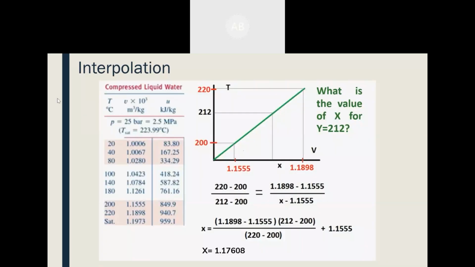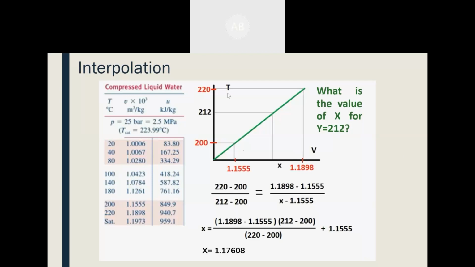For an example, from thermodynamics, this is some data that we are using. I'll give you an example of interpolation. On the x-axis, you see here, you are plotting these values: 1.0006, 1.0067, 1.0280, and ultimately the last value that you have plotted here is 1.898.